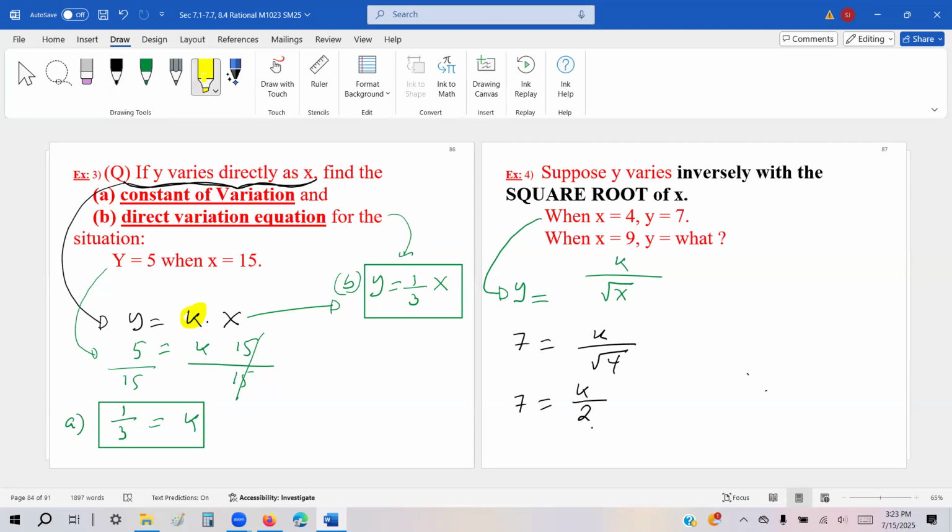And now if you want to get K alone, how can you get rid of the 2? Multiply. So no more denominator. That tells us K is 14. So we know the relationship: y equals 14 over square root of x.